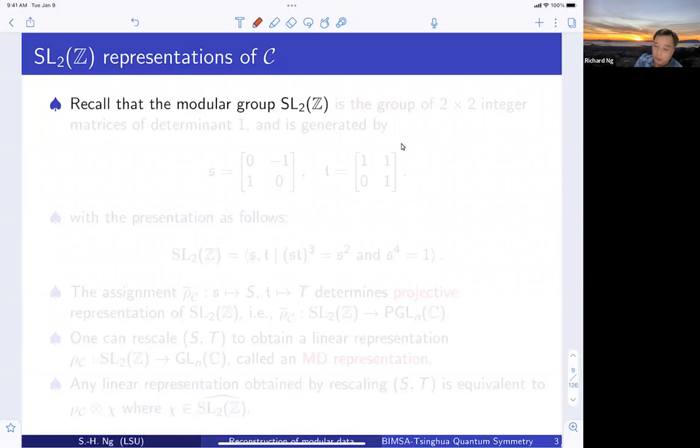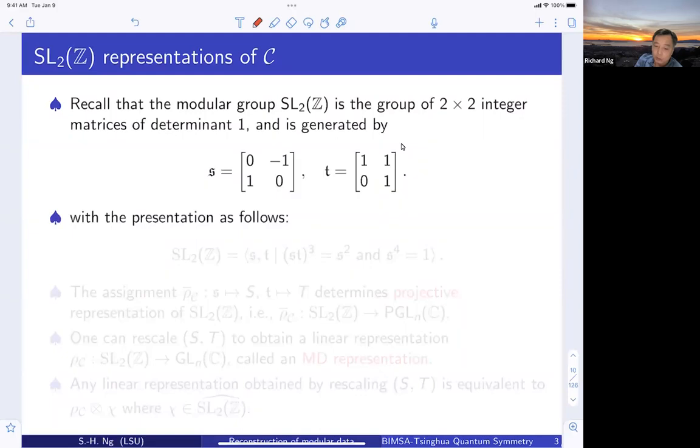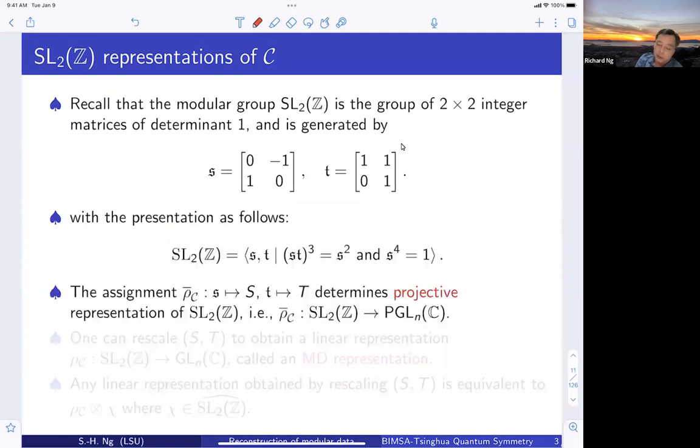SL2Z is the group of 2 by 2 integer matrices of determinant 1, and it's generated by these two matrices. I call them German S and German T. German S is an order 4 element, and German T is translation by 1. So you can present the modular group abstractly using S and T. Namely, SL2Z is generated freely by S and T with relations (ST)^3 = S^2 and S^4 = 1.